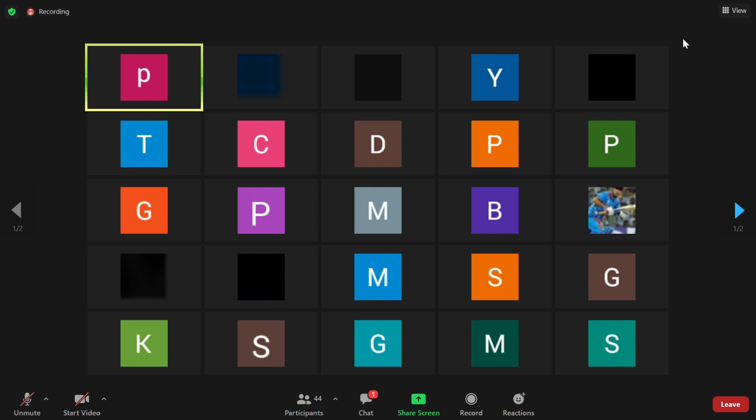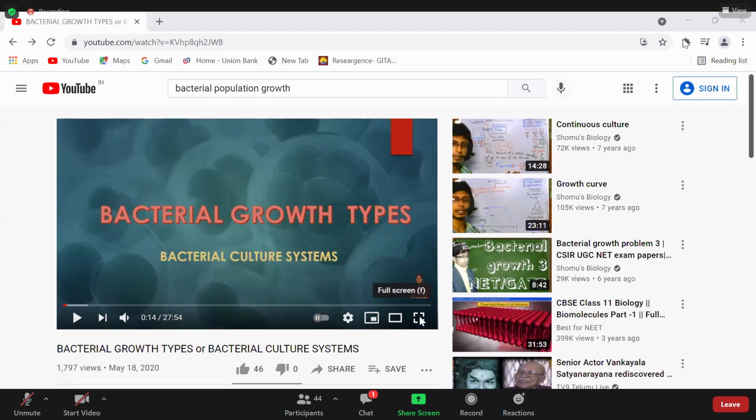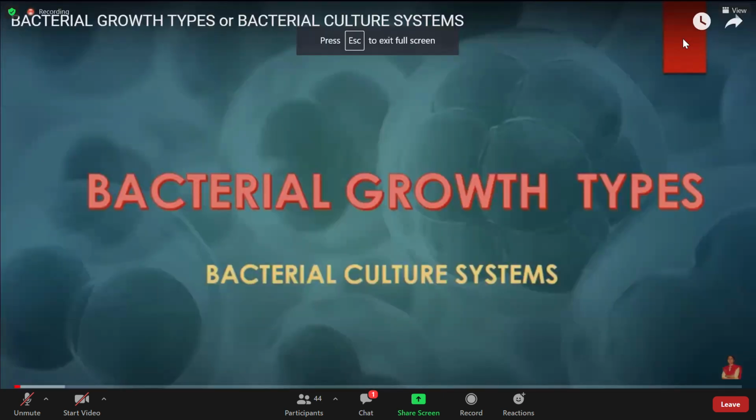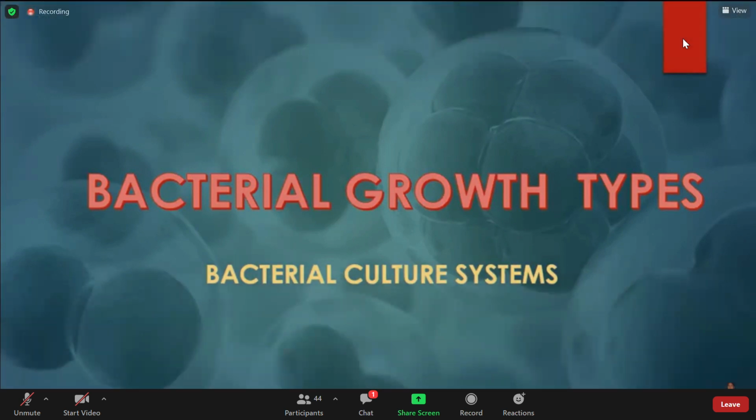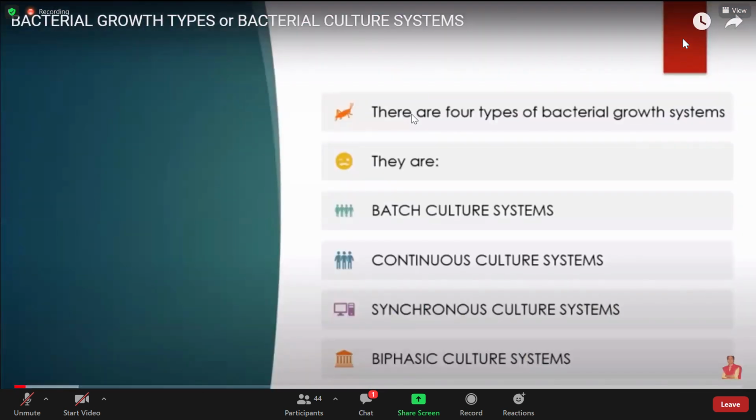So listen to the outline of the bacterial culture types, and what the different phases of bacterial growth are. Now that growth is going to be studied in different types, so let's see what those types are and their uses in detail.